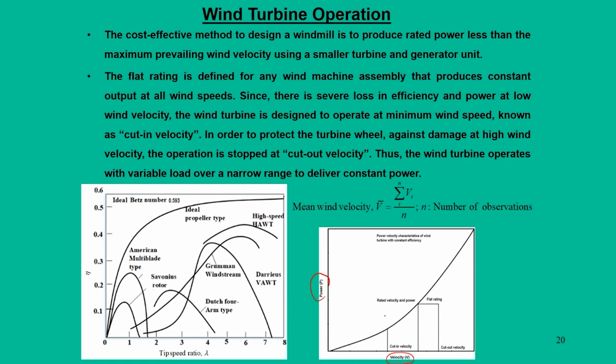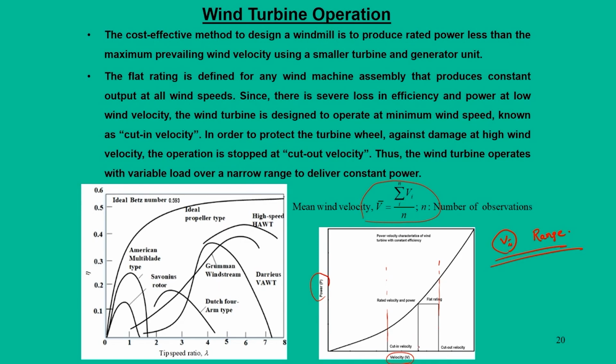What we define is a cut-in velocity and a cut-out velocity. Cut-in and cut-out velocity is nothing but your range of V at a given location. This V range fluctuates at a given location, and it keeps on fluctuating over a day, a month as well as a year. Based on this we find the mean wind velocity at that particular location.